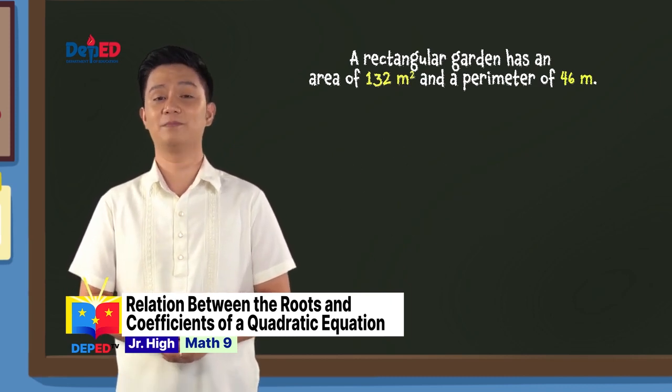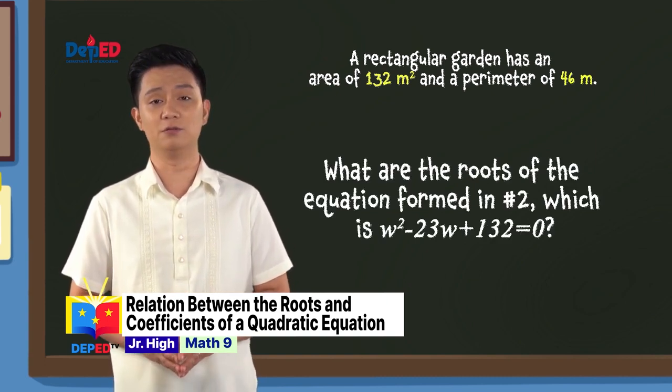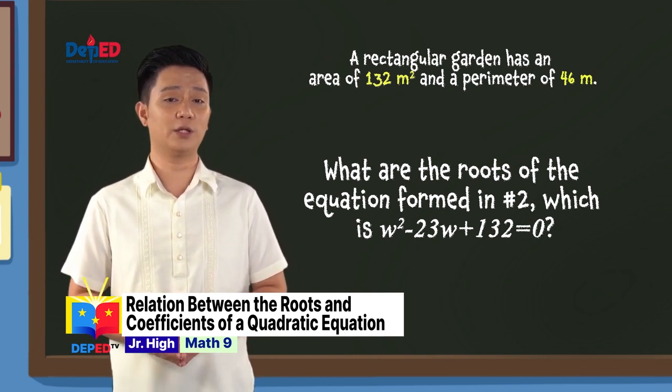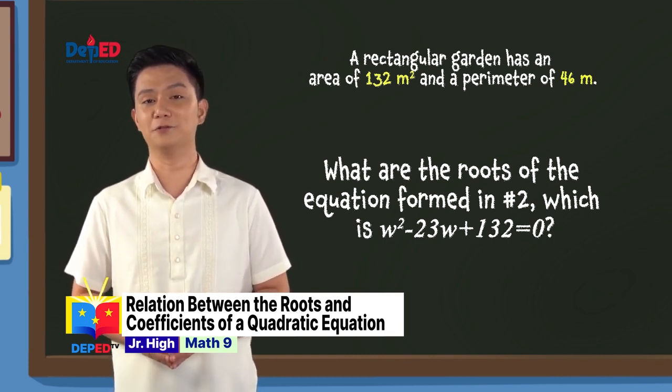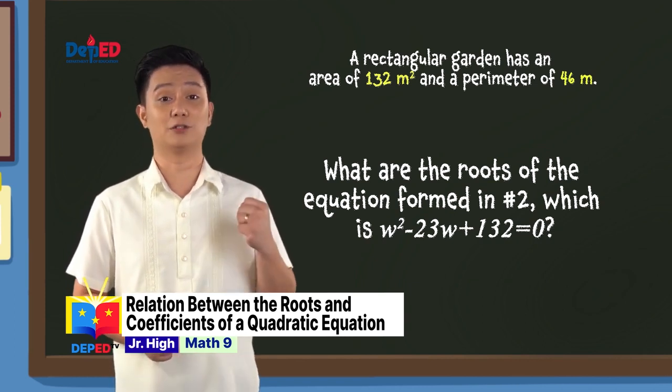Question number 3. What are the roots of the equation formed in number 2, which is w squared minus 23w plus 132 equals 0? For 30 seconds, go!